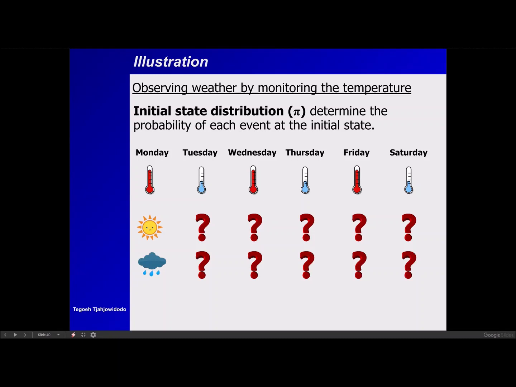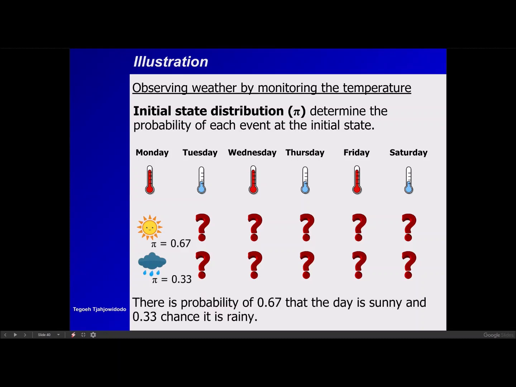So in this case, let's take an example. For the first day of this week, there is a probability of 67% that the first day of this week is sunny, and there is 33% that the first day of this week will be rainy.